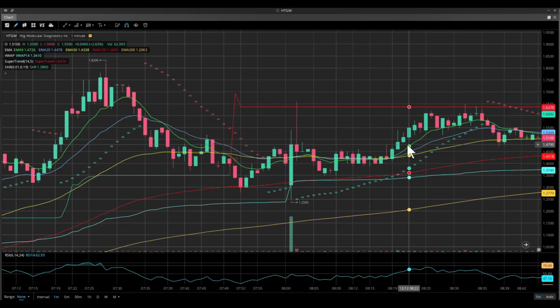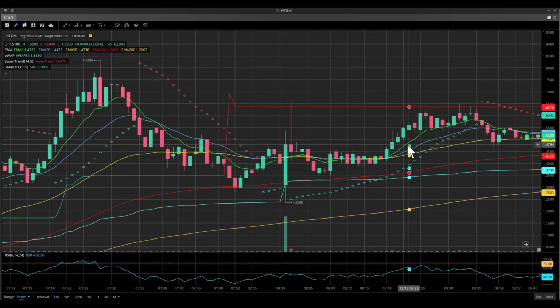If you take two magnets with the same sides and try to stick them together, they push away from each other. So if super trend is red, that means it's negative, price is negative as well. It's going to continue to try to push price down. If super trend is green, it's positive, price is also positive, so it's going to try to push the price up.